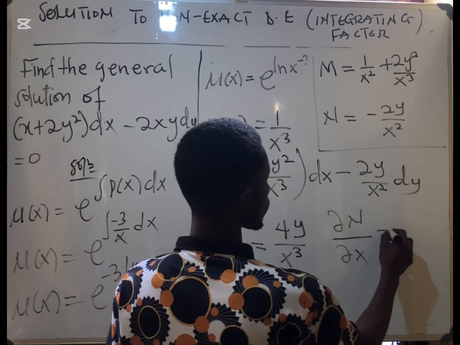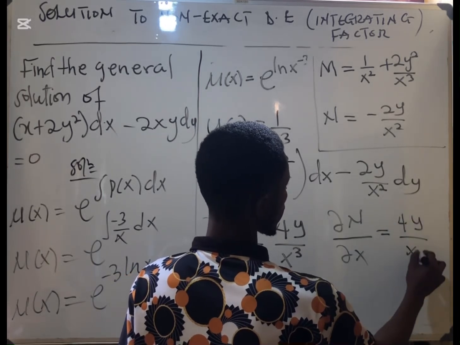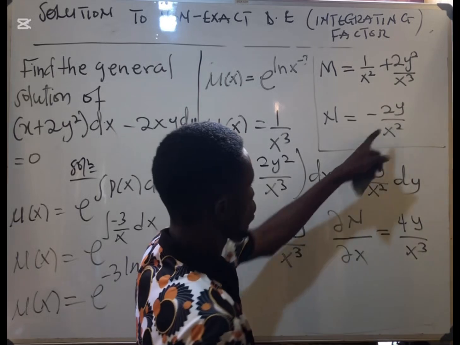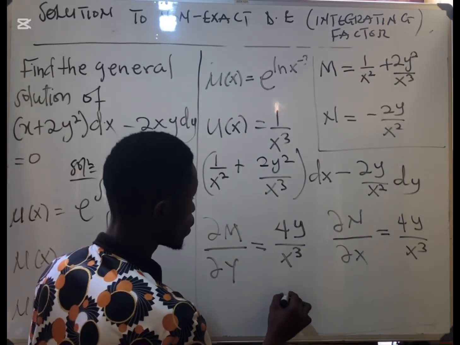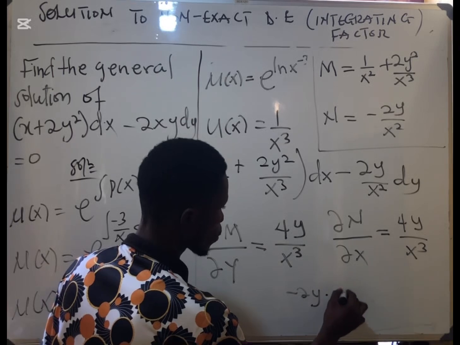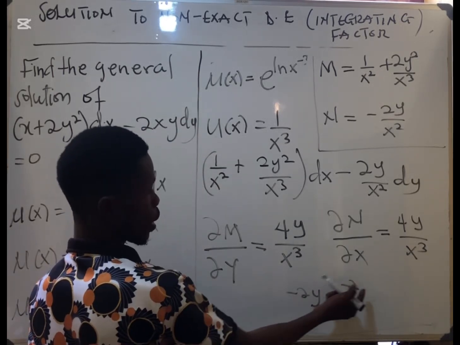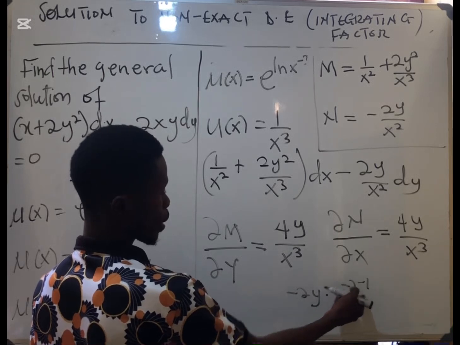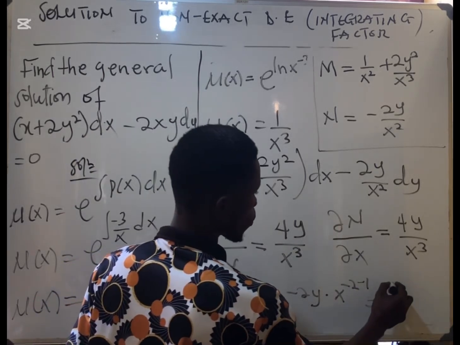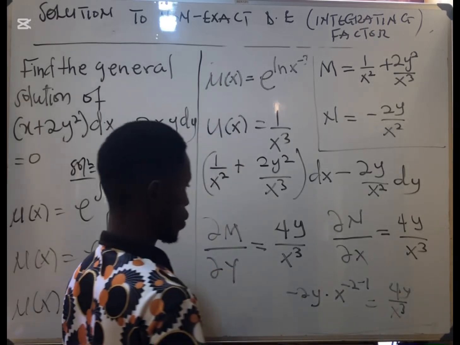And if you do that one too, this one will give us 4y over x cubed. Hope you know why. You send the x squared out, that will be negative 2y multiplying by x to the power negative 2. So this time that will be positive 4 and minus 1, that will be minus 3. So when you do that, it will be positive 4 over x cubed.